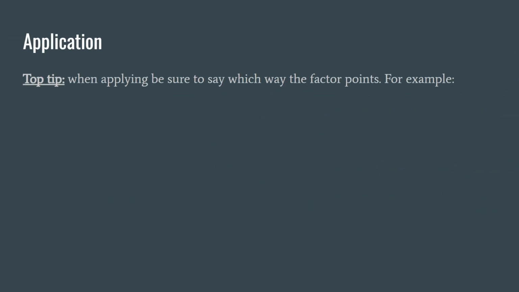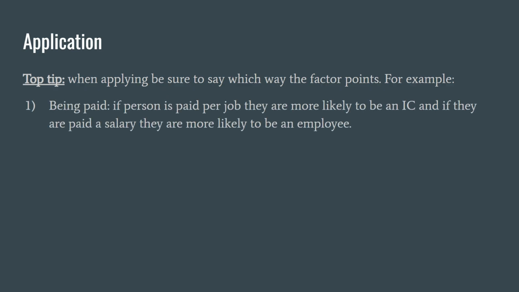So if you're applying this in the exam, you have to be sure to say which way the factor points. Does it point towards an employee or does it point towards an independent contractor? So for example, when you are considering whether the employee agrees to provide work in return for a wage, everyone will be being paid for a job. The question is how they're being paid.